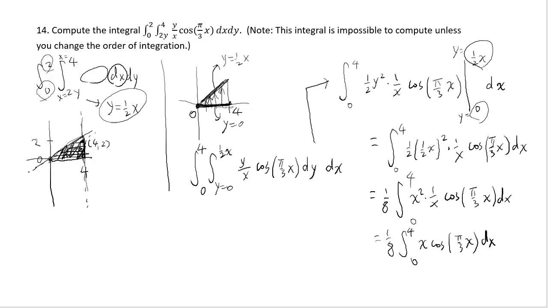Okay. Now, that integral, so maybe I should write down step number 1, 2, 3, and then now 4. That integral is done by tabular integration or integrate by parts.